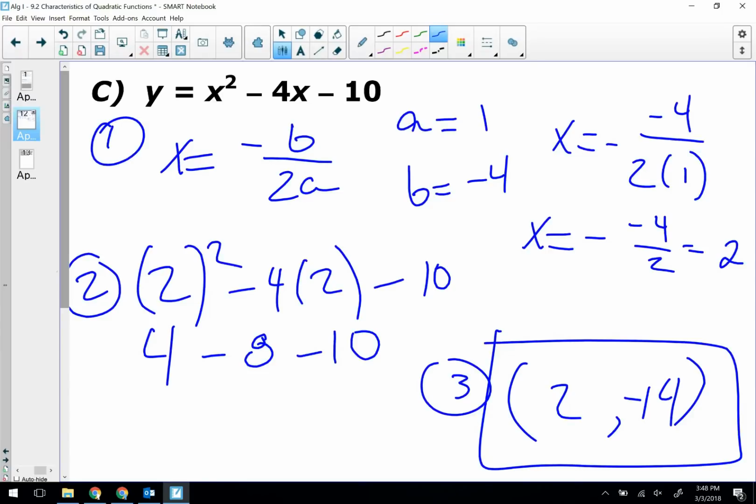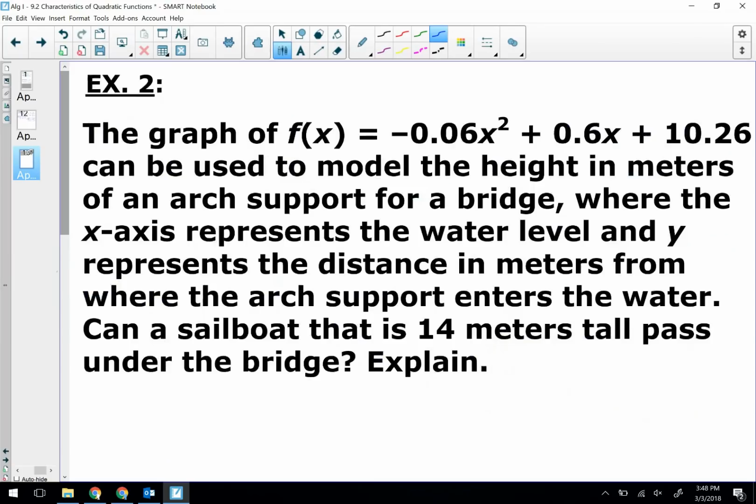Again, pause where you need to so you can copy down. All right, then we got a word problem. What you're going to find throughout the rest of this chapter is that parabolas are one of the most real-life equations that you could ever get. Everything thrown, everything tossed, any projectile-style motion is all based on quadratics.